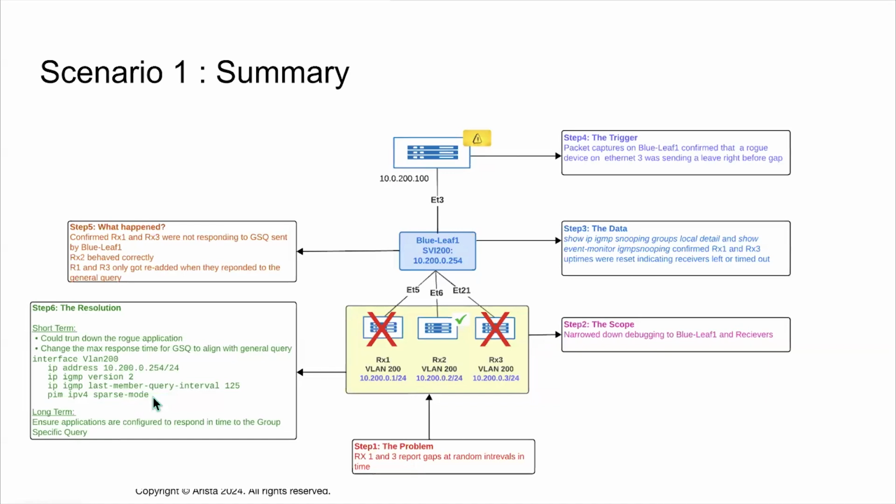And we can align this instead to the timer of the general query. So this way our receivers won't time out, because we know that at least they're going to respond to the general query in about 125 seconds. And that way they can get considered in time for the group specific query as well. This command is going to be VLAN specific. So I've added this under SVI 200 for us.